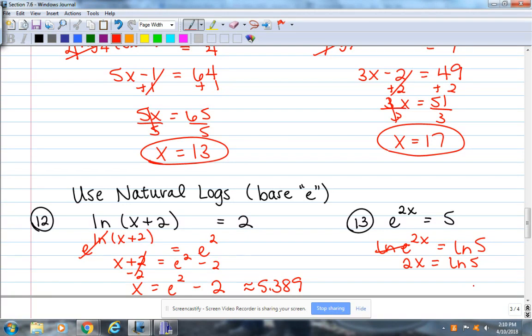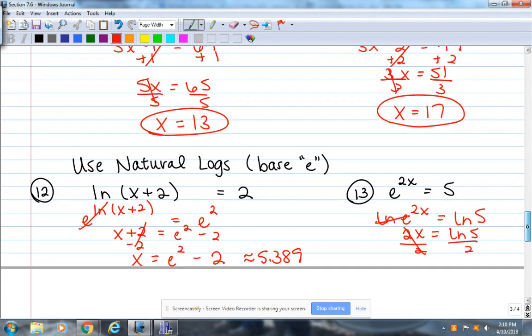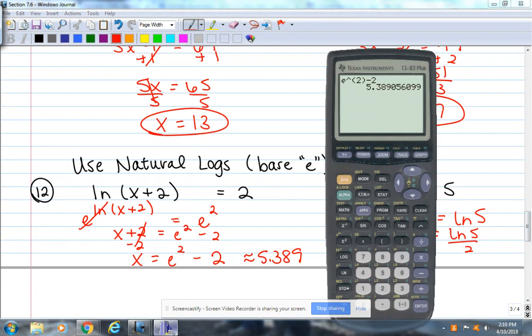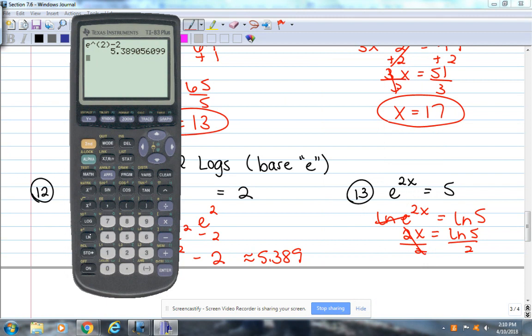And how do I get the x by itself? Divide by 2. And so you can just type that straight in your calculator and round it. ln 5, and then you can just hit divided by 2 all at once and hit enter. And that's going to be x is approximately 0.805.